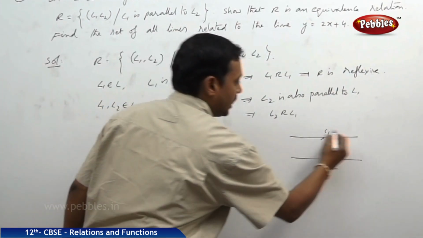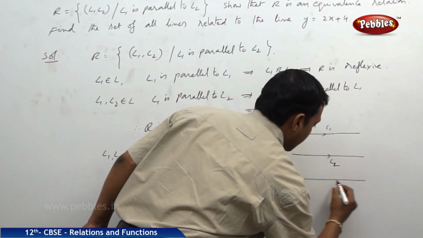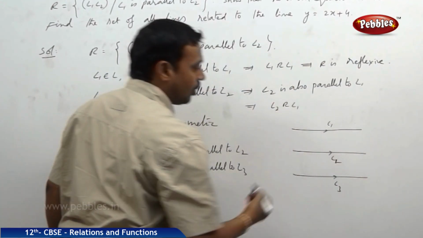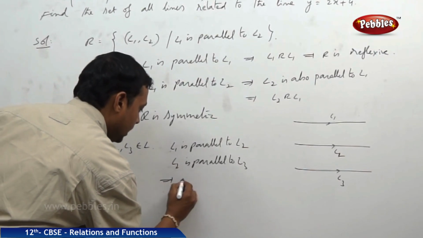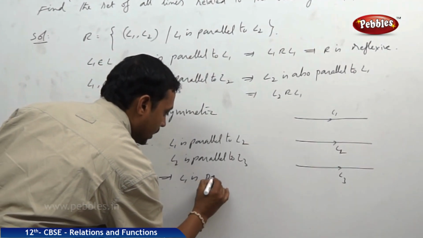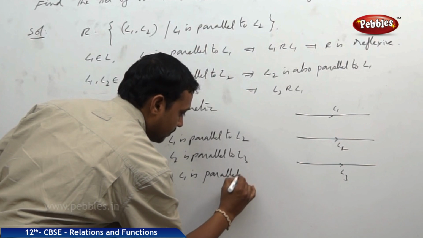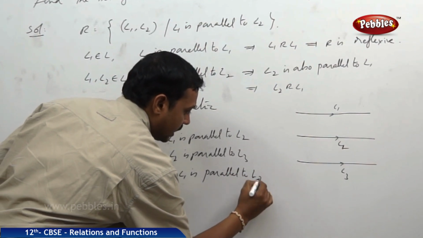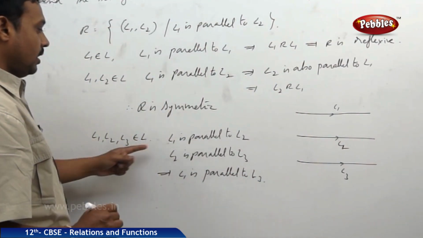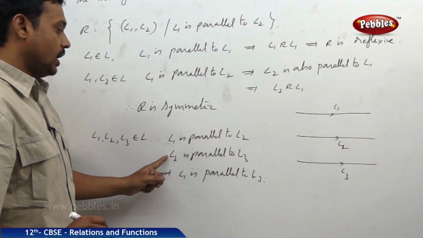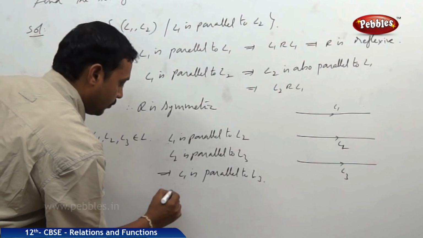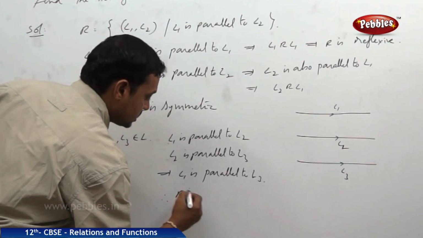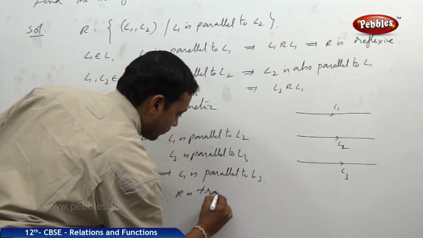Yes, obviously. L1 is parallel to L2, L2 is parallel to L3. Therefore, all three lines are parallel. Hence, L1 is parallel to L3. Therefore, when L1 is related to L2 and L2 is related to L3, L1 is also related to L3. Therefore, the relation R is transitive.